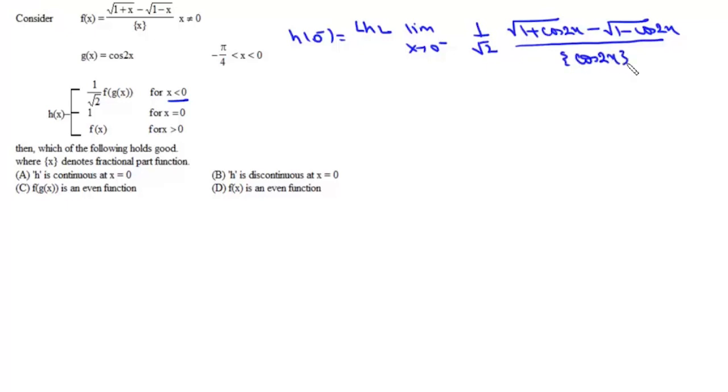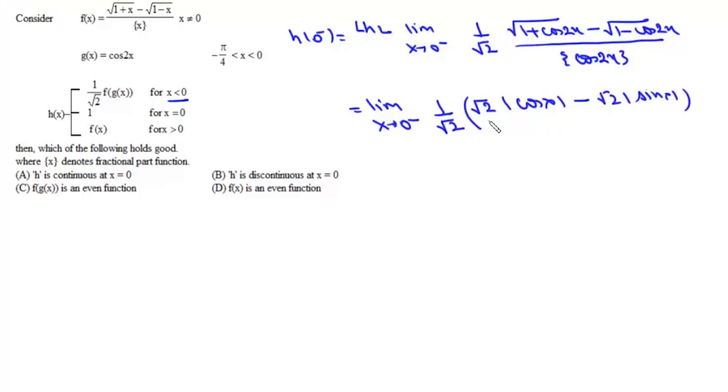Now this is limit x tends to 0 negative, 1 by root 2. Now this is 2cos²θ - 1, so it will be root 2 mod cos x minus root 2 mod sin x upon the fractional part of cos 2x.